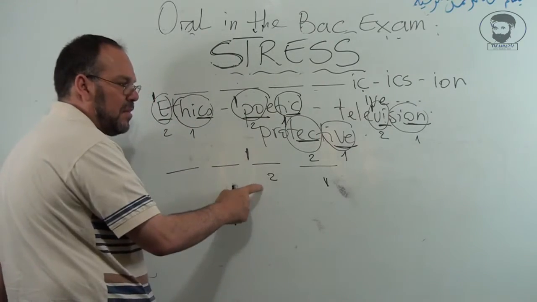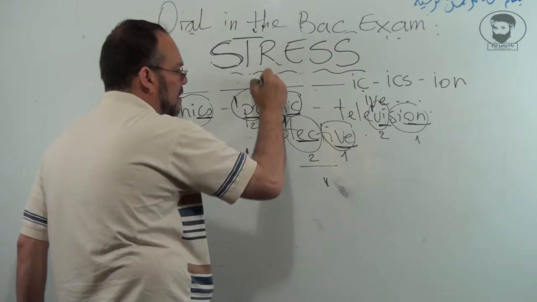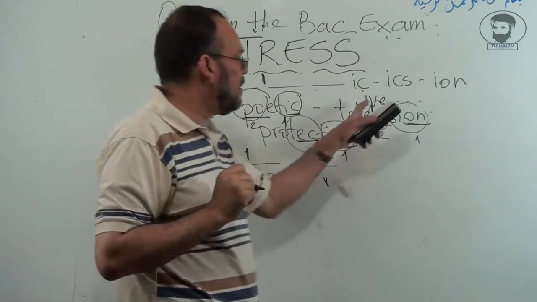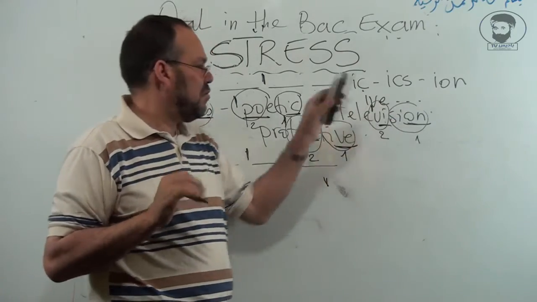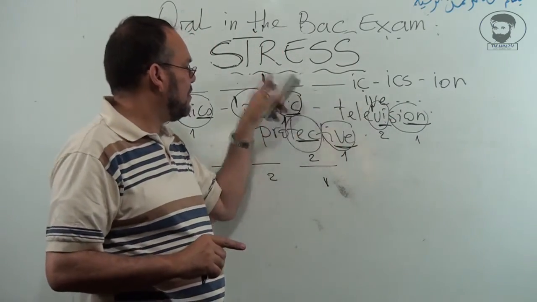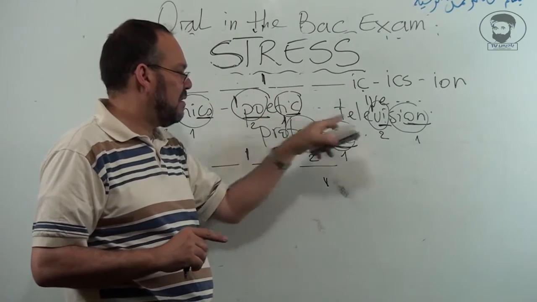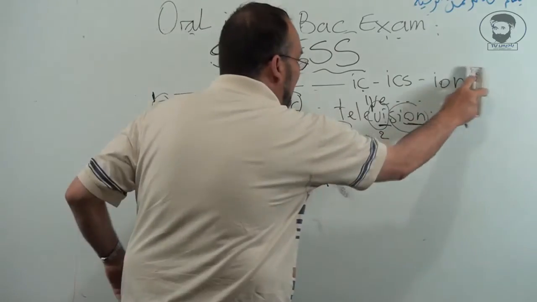This is the rule. Finishing with ICS: 1, 2, put the stress here. This is concerning IC, ICS, ION, IVE. You go to the last part of the word and count 1, 2, stress. This is concerning this kind of endings.